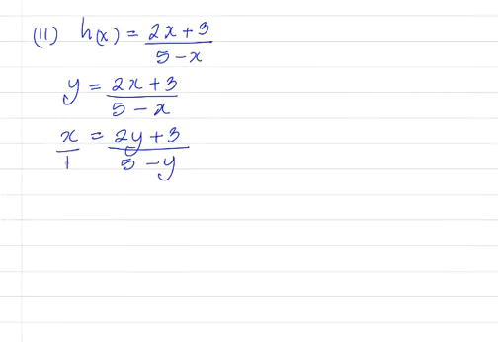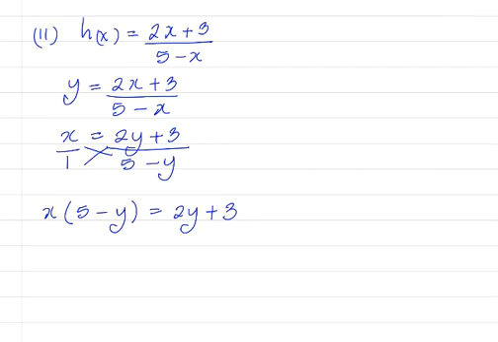If I have one fraction equal to one fraction, one way to get rid of the fraction is to cross multiply. So I'm going to have x times (5 minus y) is equal to 2y plus 3. If you multiply 2y plus 3 by 1, you're going to get 2y plus 3.